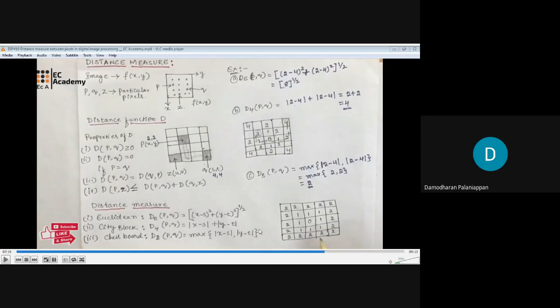Example: x minus s is 2 minus 4 and y minus t is 2 minus 4, giving minus 2 and minus 2. The absolute value of minus 2 is 2, so the maximum of 2 comma 2 is 2. The distance between pixel p and pixel q is 2. In this way we can find the distance between any two pixels using this formula.